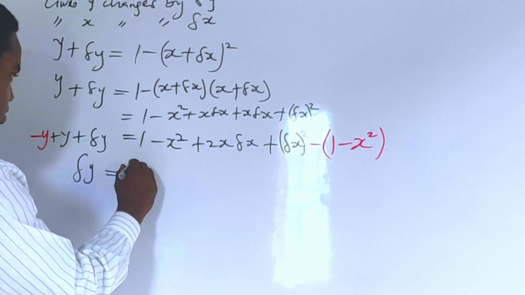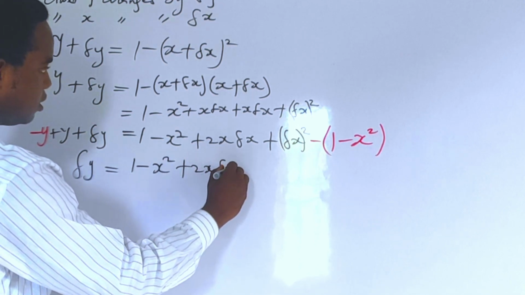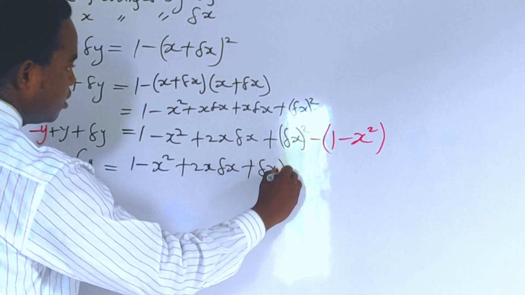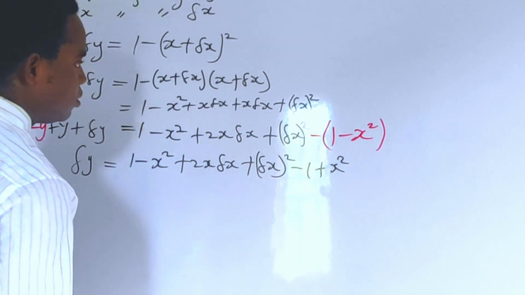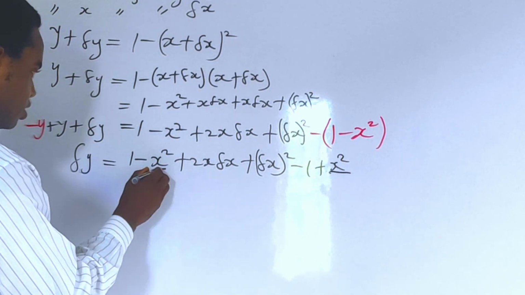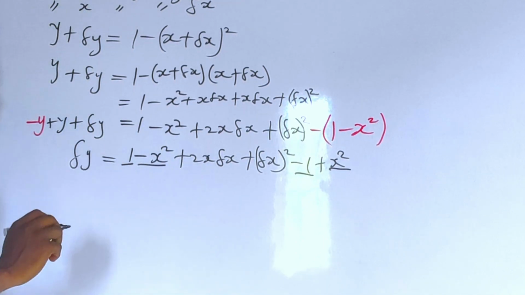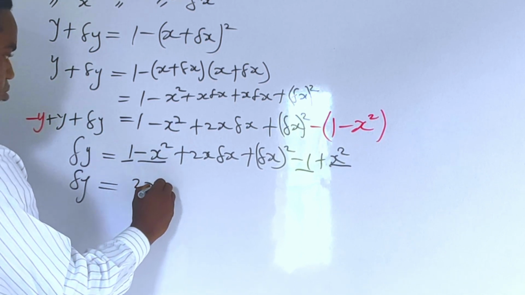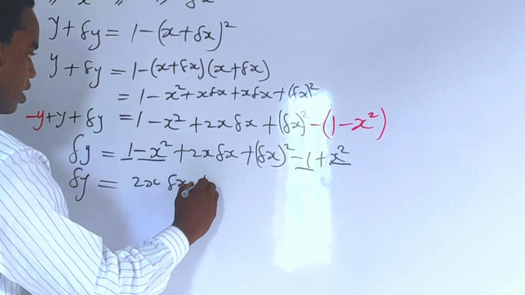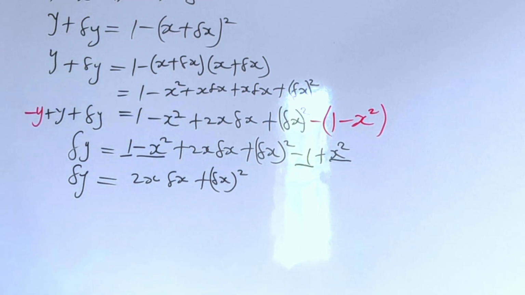So we have 1 minus x raised to power 2 and plus 2x delta x and plus delta x squared. And opening the bracket there we have minus 1 and plus x raised to power 2. So look at this. The x raised to power 2 we have there and the negative 1 cancel out those ones there, right? So we have delta y equals 2x delta x and plus delta x squared, right?